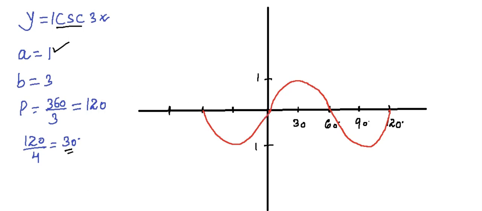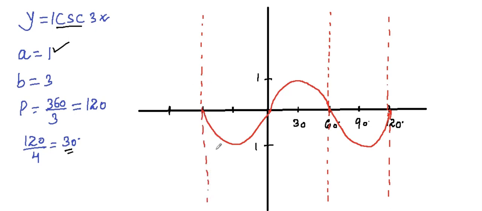So now you can draw the asymptotes. Asymptotes will be, I'm drawing with the broken line. Second one is here. The y-axis is already an asymptote for this.